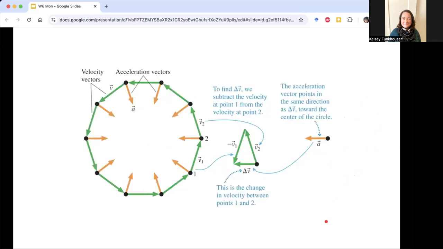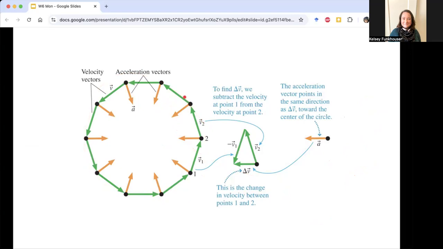And the point of that is to show that in circular motion, as long as it is circular, the direction of the velocity is changing all the time, which means there has to be acceleration, because change in motion requires acceleration.